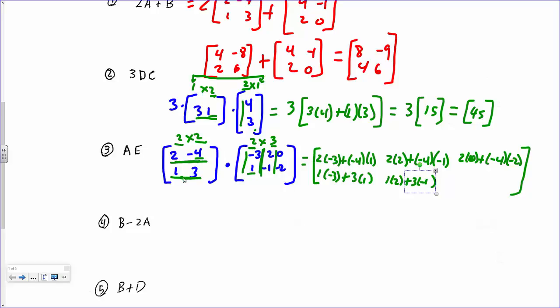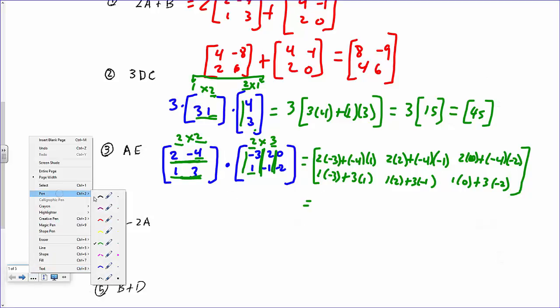And then the last column: 1 times 0, plus 3 times negative 2. So when I resolve this, I'm going to change my pen here to do quick calculations.